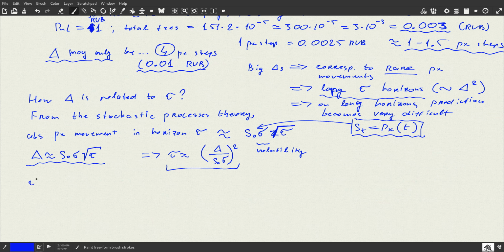Tau is measured, what do you think, in which units the time is measured in quantitative finance? Milliseconds. It would be very nice in our high frequency trading, but unfortunately it is measured in years. I'm not joking, in years.